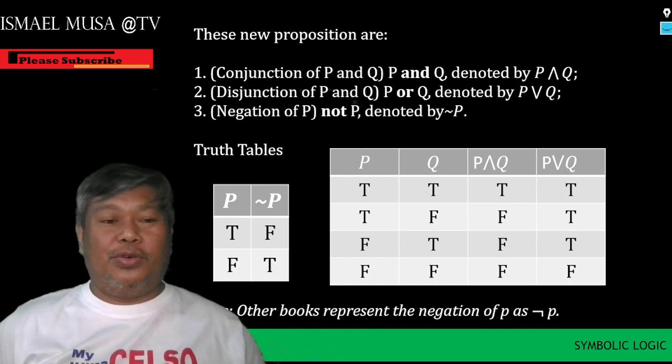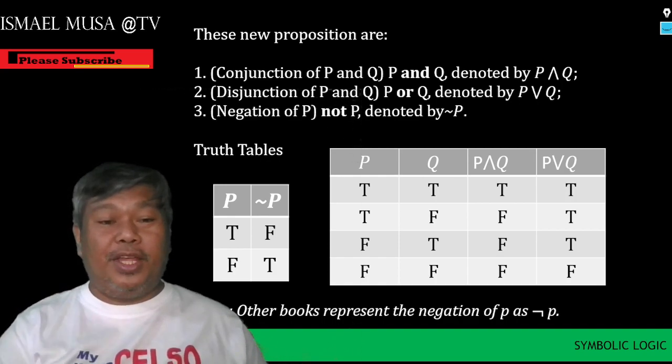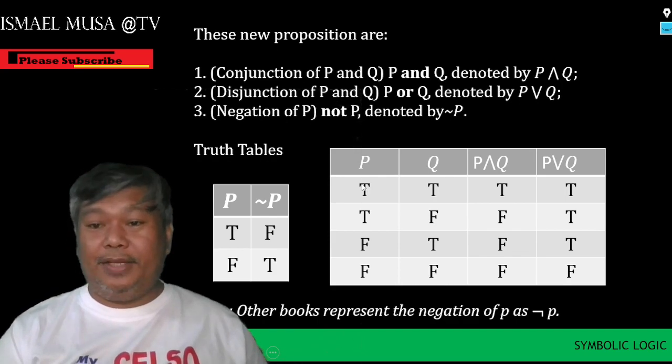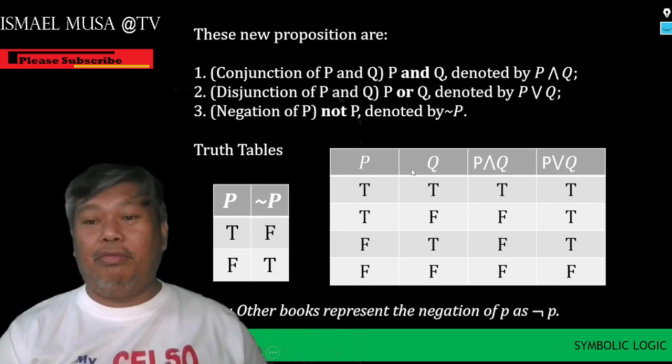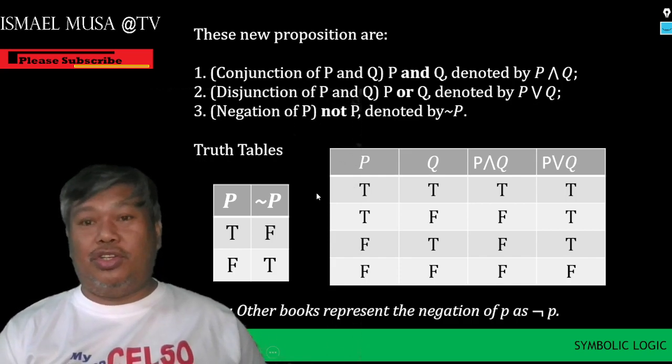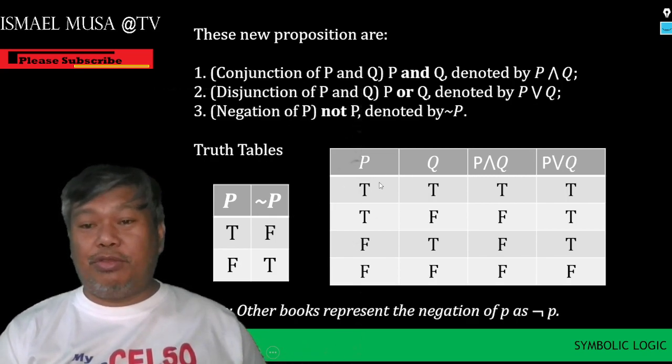The usual practice is that we always start with P, then Q. Since there are two propositions, to determine the number of possible combinations we use the formula 2 raised to n, where n is the number of independent propositions. Here there are two propositions, and 2 raised to 2 is 4.